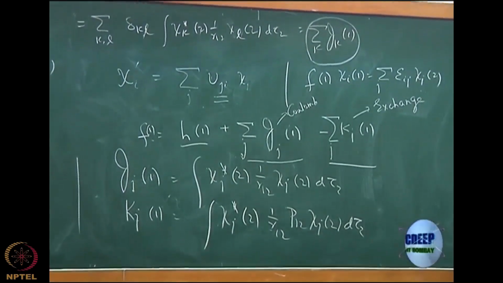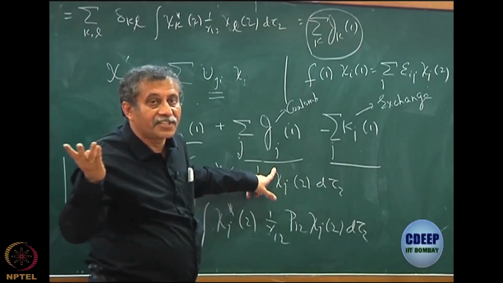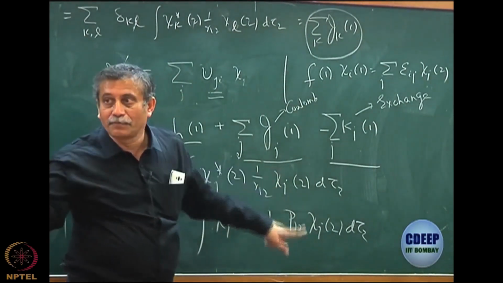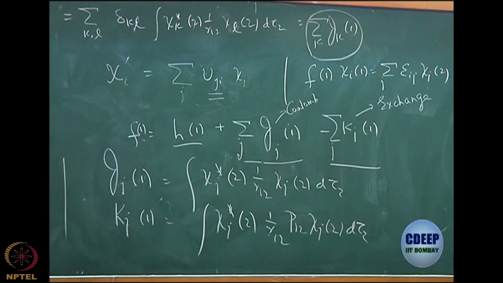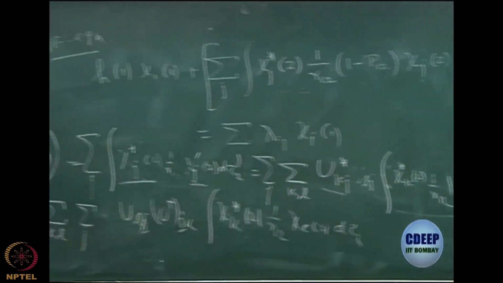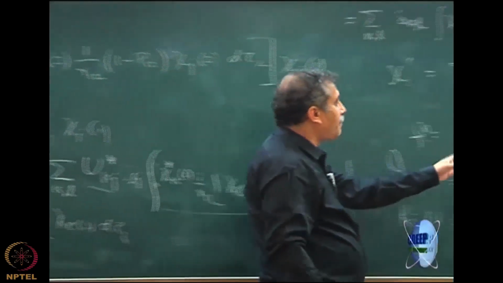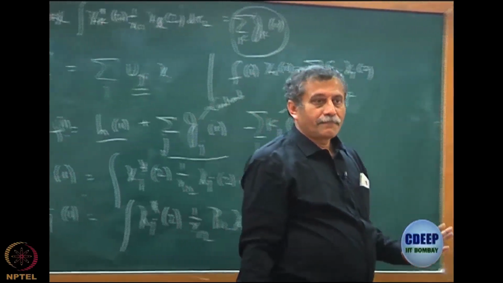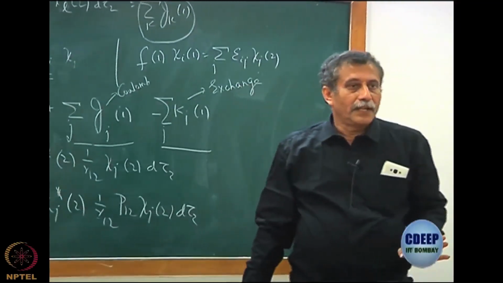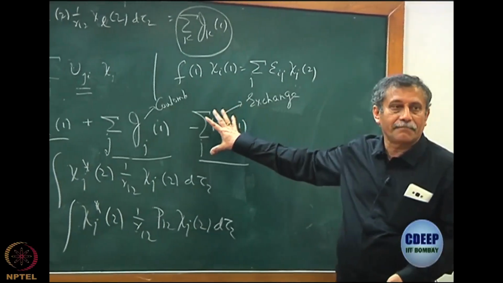Remember, each of these J is not the same as each of the J prime. I didn't prove that. I proved that the sum is equal. So each of them will be different, but the total sum will be equal. And that is all I want in the Fock operator, because the Fock operator is a sum of the Coulomb operators.